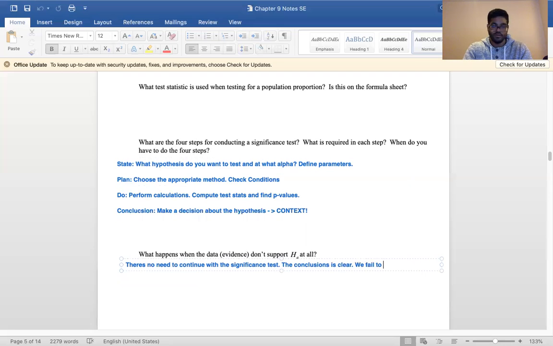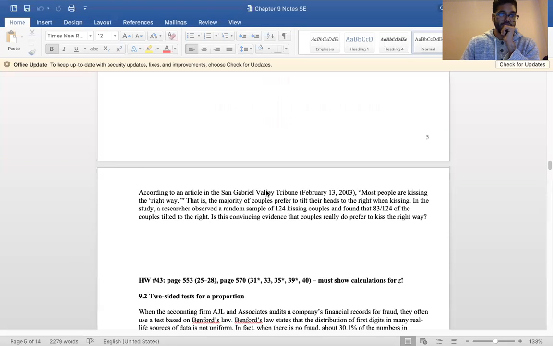We fail to reject H0. And again, context.